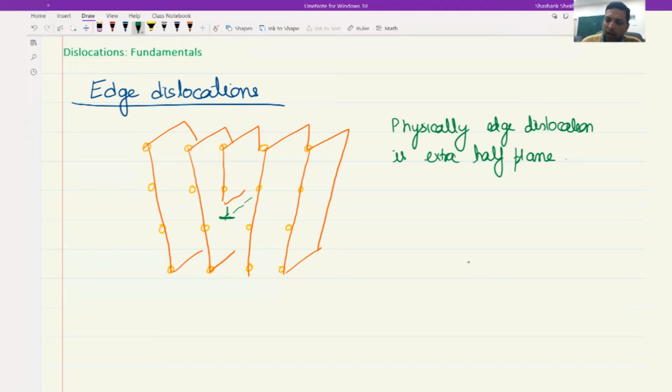You go in any direction, you would see it is a perfect crystal. So the trace of this dislocation is obtained along one line, and therefore, if you remember, when I was introducing you to dislocations, I said that in TEM it appears as single dark lines, and it is because of this. The trace of this dislocation is nothing but a line, and therefore, although physically edge dislocation is an extra half plane, practically it is only a line.